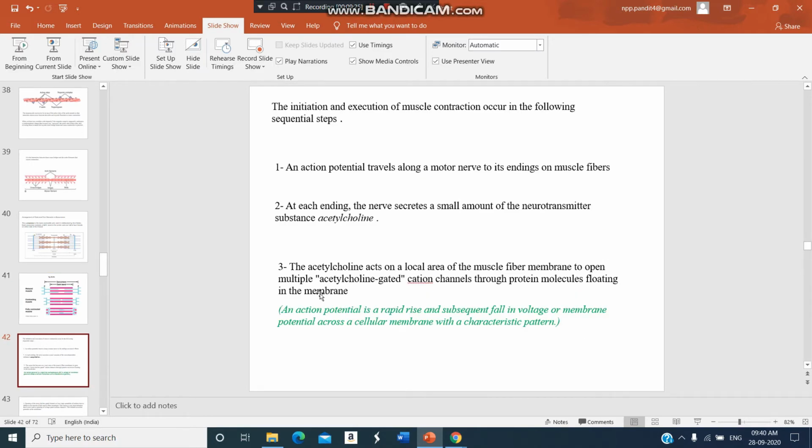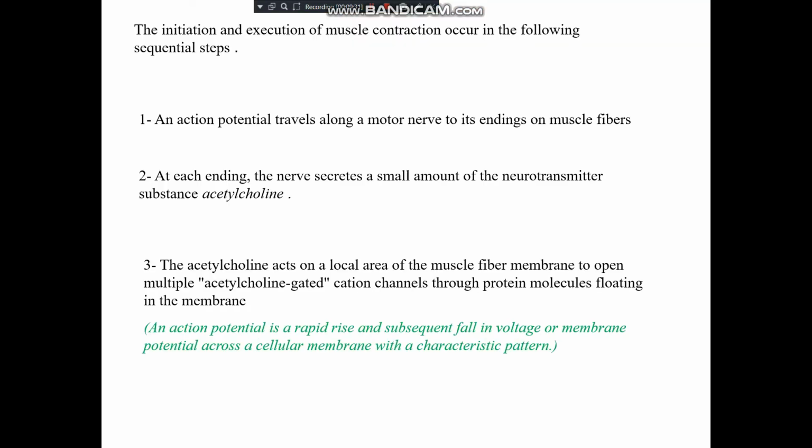Now, I will try to explain this entire process of muscle contraction step by step. The first step for muscle contraction to happen is that there must be an action potential, which is caused by depolarization. Now, all of you know what an action potential is. This action potential will come along the motor nerve, because all these muscles are connected with nerves.